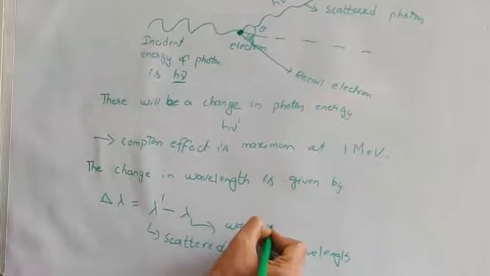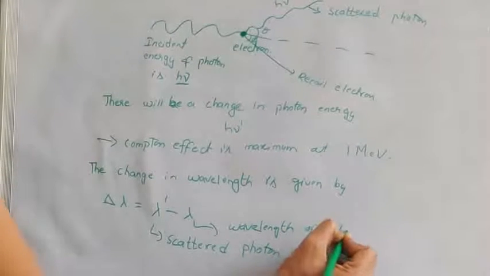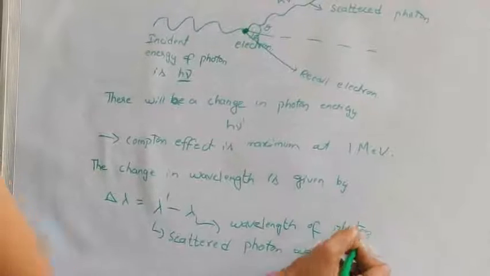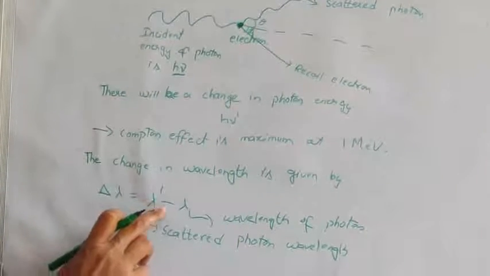So the change in wavelength is given by lambda dash minus lambda.